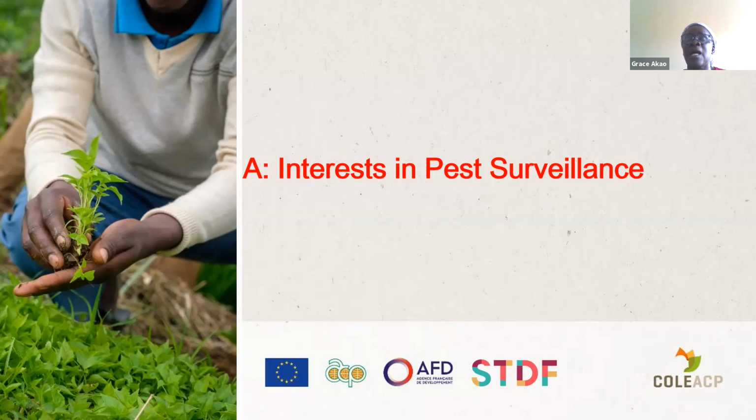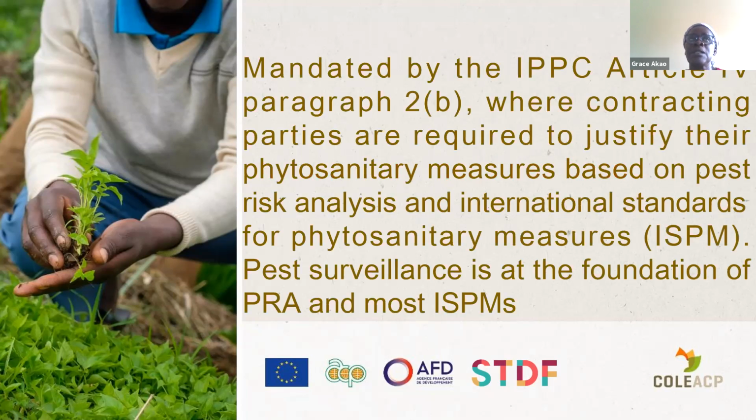Should there be a pest outbreak, and it is even worse if a pest that was not originally there just came in. For countries that have had experience with the fall armyworm, you have seen how devastating it has been. And therefore, there is a lot of interest in pest surveillance. So we are going to look at the interest and then the importance of pest surveillance.